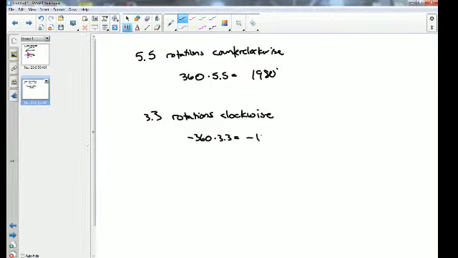We'll just take it right out of the book here, just for speed's sake. So clockwise is negative and counterclockwise is positive, right? Okay. Good enough. You guys can do that pretty easy.